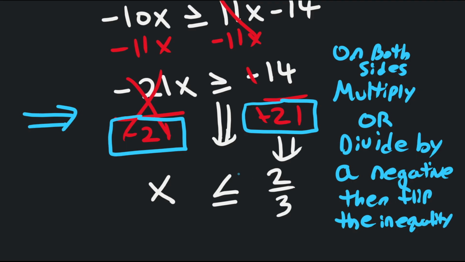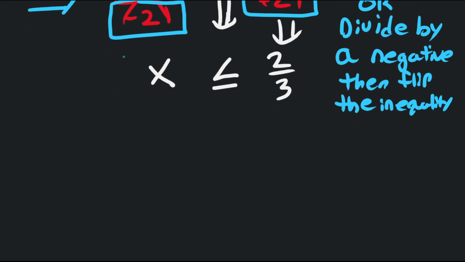That's the rule. If you multiply or divide by a negative number, any negative number at all, you have to flip the inequality sign. And let's just go through a mini example.